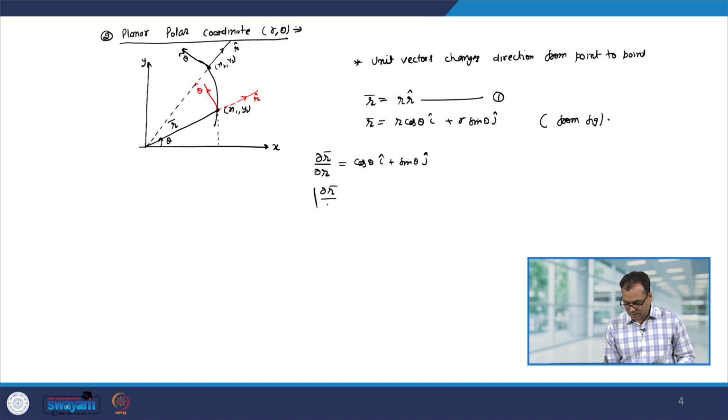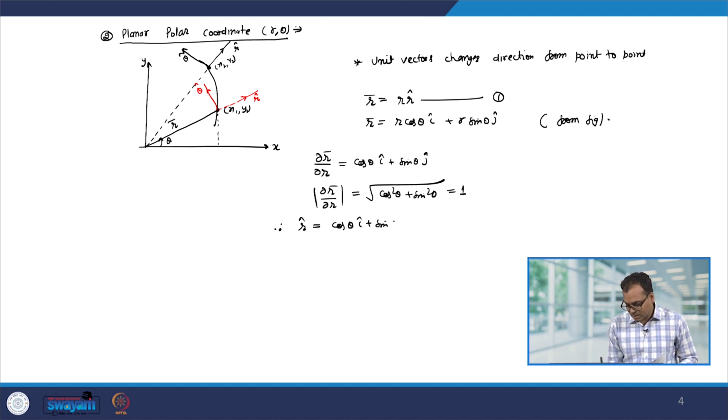Therefore, the magnitude of del r over del r should be equal to 1. Let us check that. Square root of cos square theta plus sin square theta is equal to 1. Therefore, we have unit vector r cap equal to cos theta i plus sin theta j, and this will be our h1.